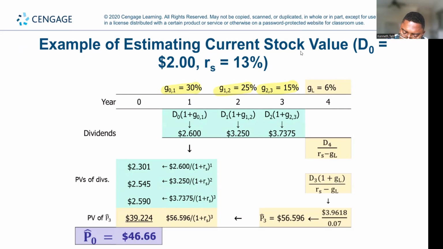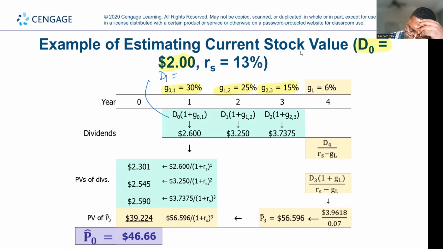So the dividend that was just paid, D0, we are told is 2, and then it is going to grow by 30%. Which means that at year one, we want to get D1.